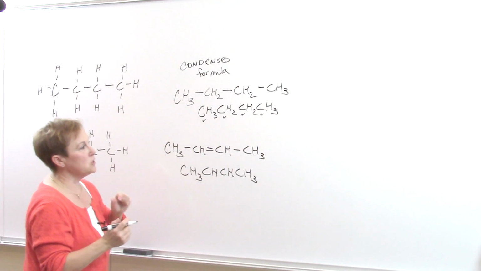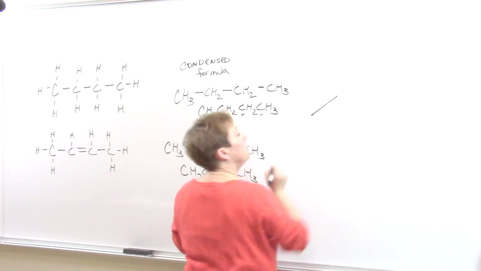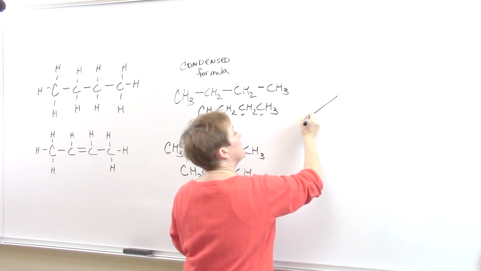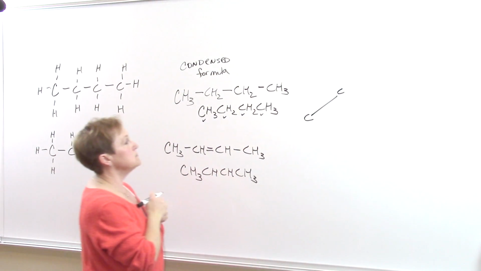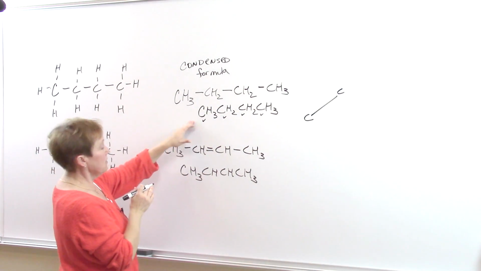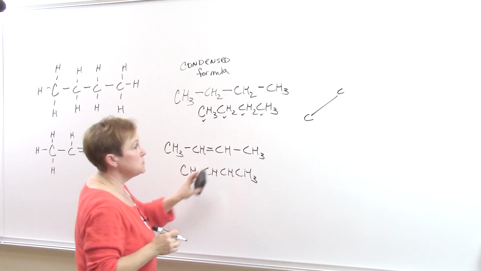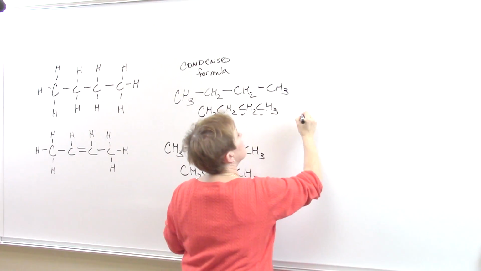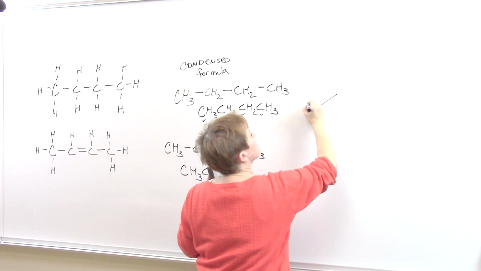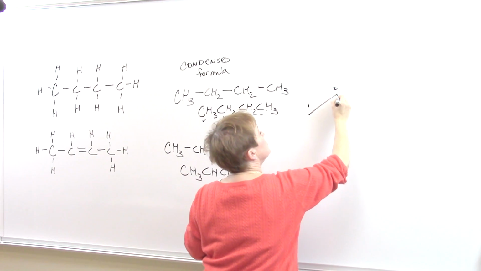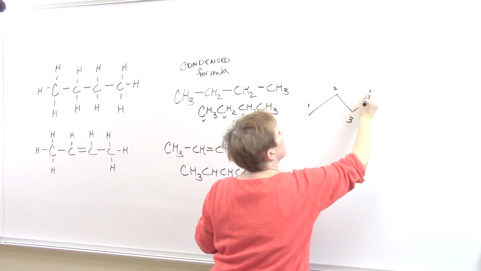The line structure, every line represents a bond between 2 carbon atoms. So therefore, here there's 1, 2, 3, 4 bonds between carbon atoms. So I would go 1, so this would be 1 carbon atom, 2, 3, 4.